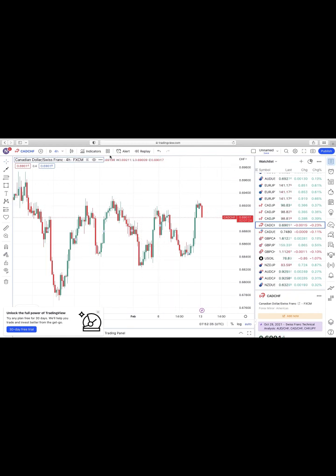Now, I've confirmed that this market was sideways moving, and I confirmed that it was at a resistance, which is one confirmation that this market should be selling.